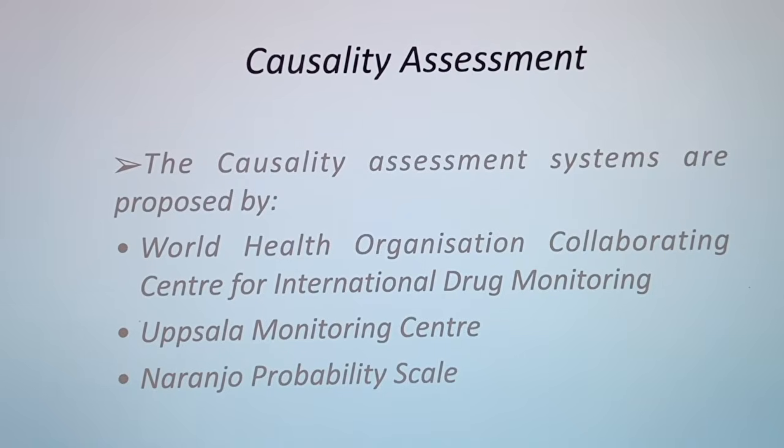Causality assessment in pharmacovigilance. Causality assessment is a method used to determine the relationship between a suspected drug and a suspected adverse drug reaction. Common methods include the WHO-UMC system, Naranjo probability scale, and other algorithm-based approaches.